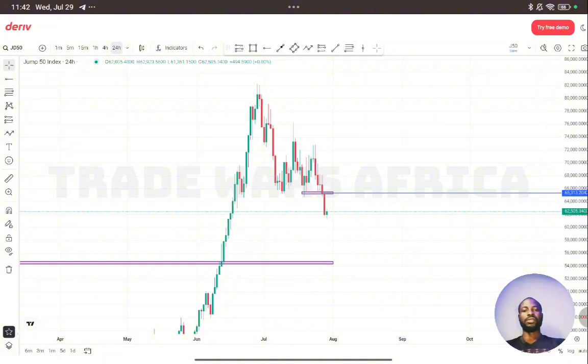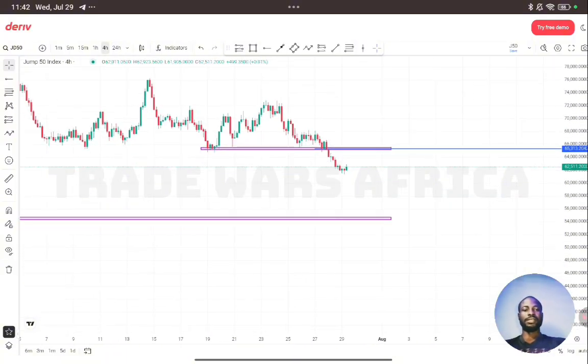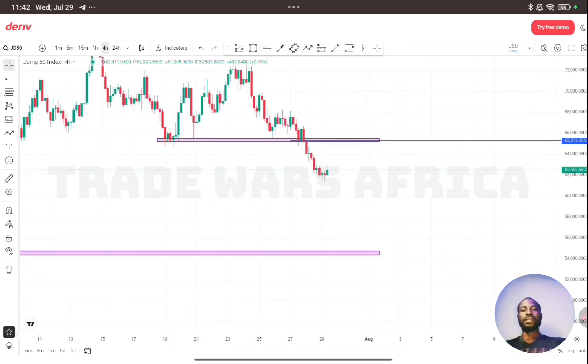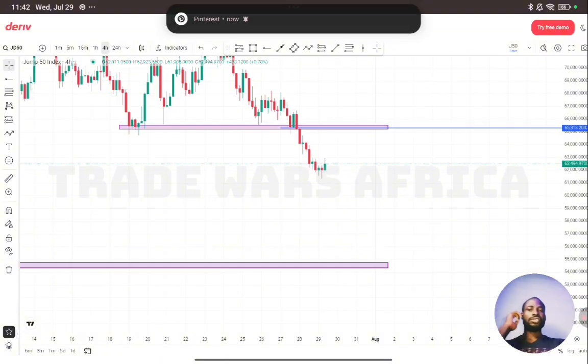I'm just waiting for the market to give us a proper retest on 4 hours. So what am I expecting on this 4-hour time frame? I'm expecting the market to at least get to this zone, give me a 4-hour rejection candle and a break of the trend line.